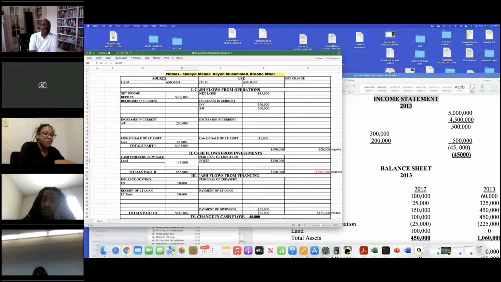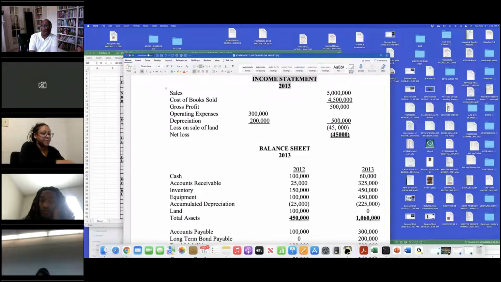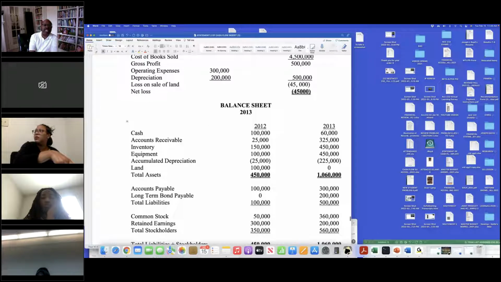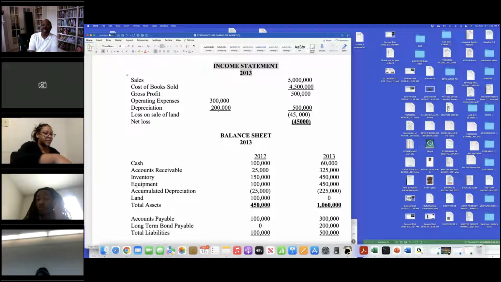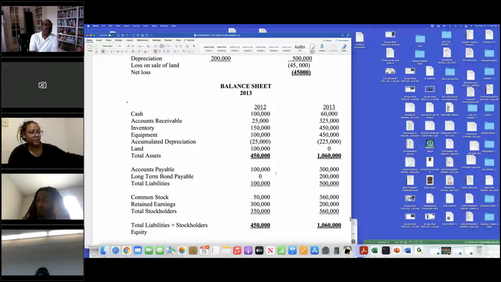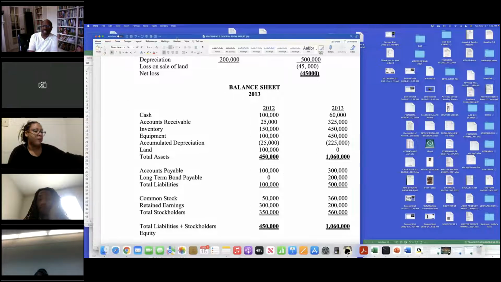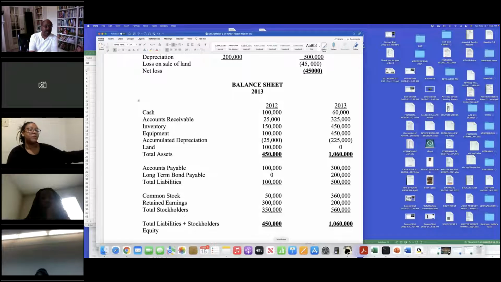We said that if you wanted to not be overly confused and get going, put the change in cash first, net income or loss second, depreciation third, since you're typically told what depreciation is, and then calculate the dividend, and you'd be half finished with the problem. Or you can just start up here with cash and go straight down. That's up to you. Whatever way works best for you.